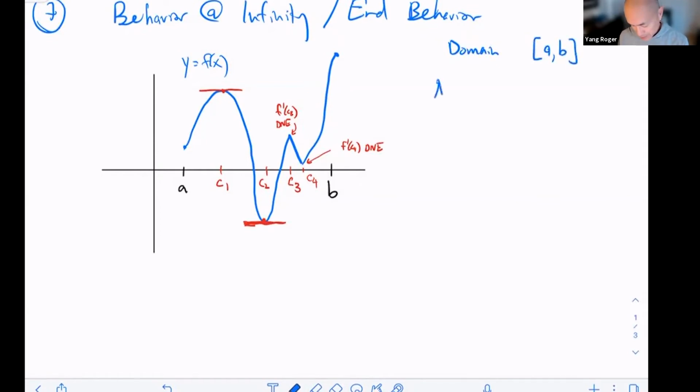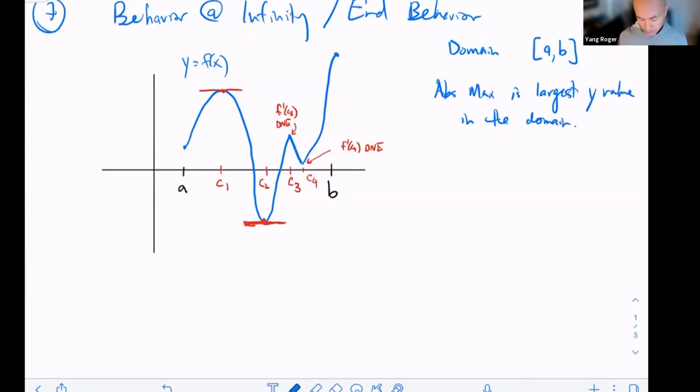And the absolute max is the largest Y value in the domain. So it's literally the largest.